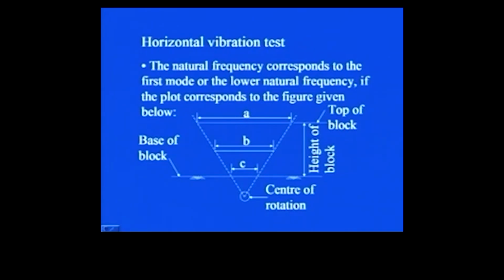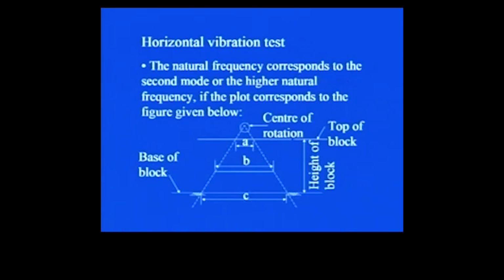However, if the case is reverse, that is like this, the center of rotation is here, this is the height of the block with which we are plotting the variation, this is the top of the block, and you see that the variation is in this manner. In this case the natural frequency corresponds to the second mode or the higher natural frequency.